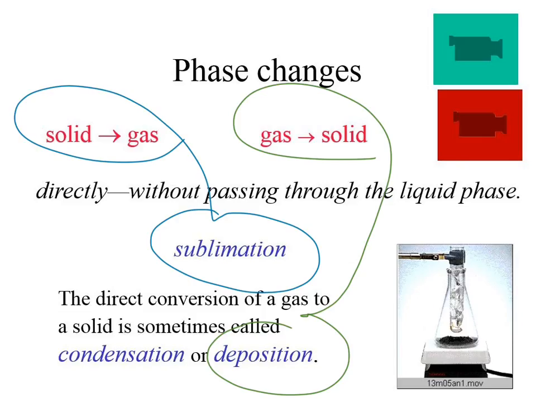A good example of that is, did I mention this already, the whole frost thing? It's kind of like frost. So if you think about, we're bumping up against frost warnings, and let's just say it gets down to 25 or maybe 28 degrees Fahrenheit.